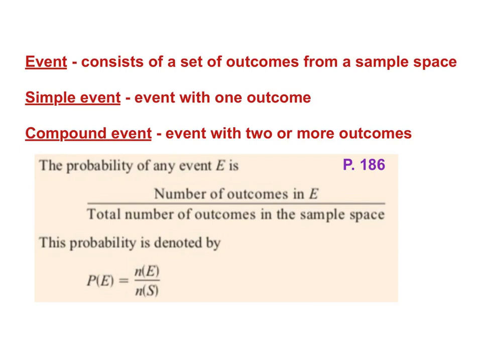The probability of an event equals the number of outcomes in the event divided by the total number of outcomes in the sample space. That's what this notation means. So we would use the total number of outcomes in the particular event we're talking about, divided by the total number of possible outcomes in the entire sample space.